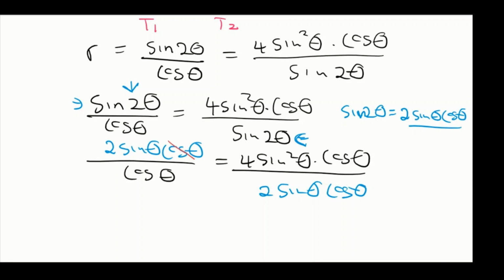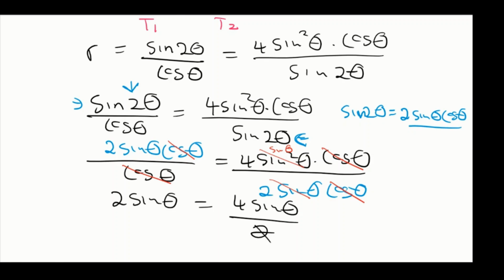So cos theta cancels out. This cos theta divides with this one, and this one divides with this one, but sine theta remains. So we're going to have 2 sine theta on our left equal to 4 sine theta divided by 2.